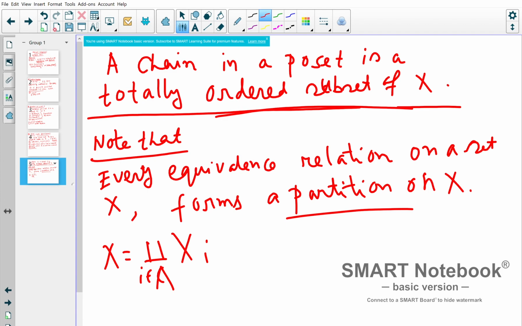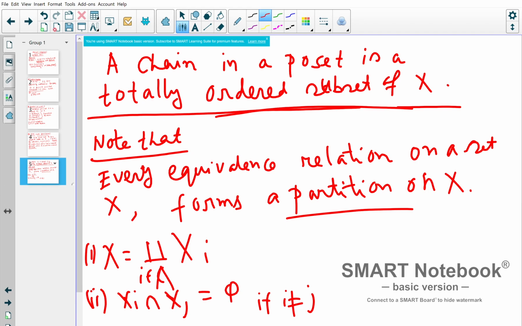What does that mean? That means given any two such X_i and X_j, their intersection is empty whenever i is not equal to j.